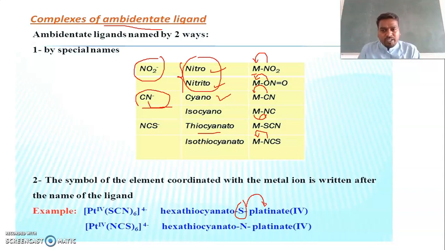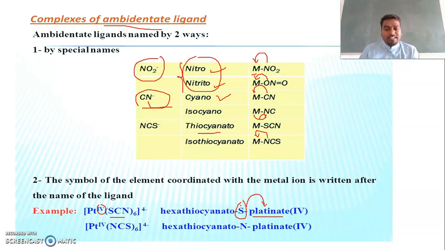Just observe this complex. This is a platinum of oxidation number 4. This is thiocyanato. The name is hexathiocyanato-S platinate. Why?